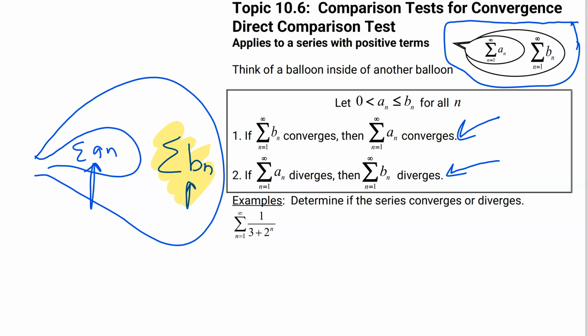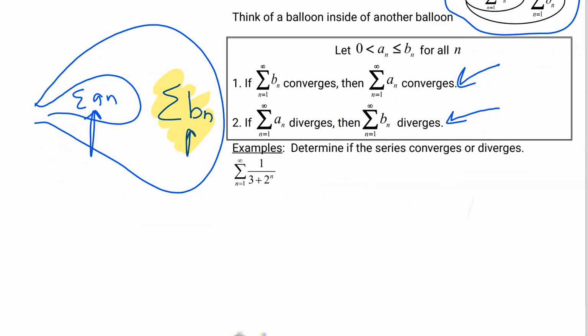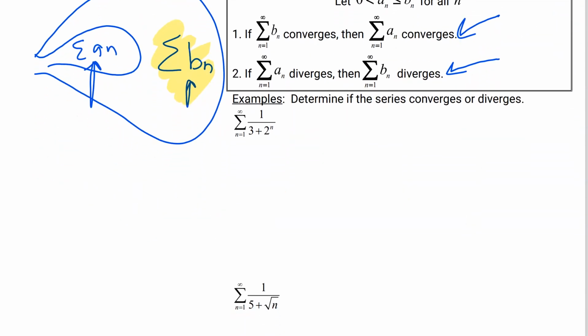It's extremely helpful, and we're going to be able to use all these other tests, but particularly the p-test is what we're going to use on these. So on this first one here, I'm going to try to compare it to 1 over 2 to the n. I'm picking 1 over 2 to the n because it's very, very close to the original series, right? Now, which one here is bigger? Well, on the left, the denominator is bigger.